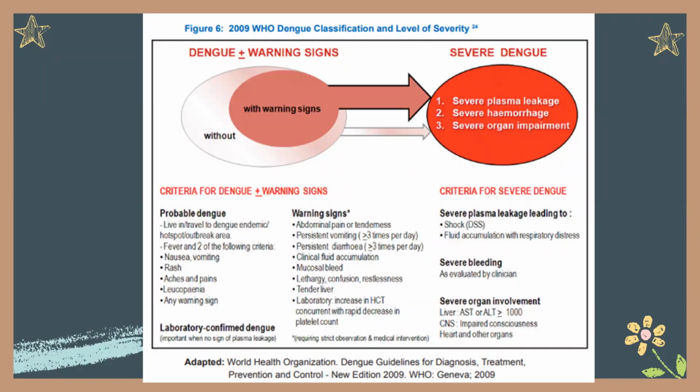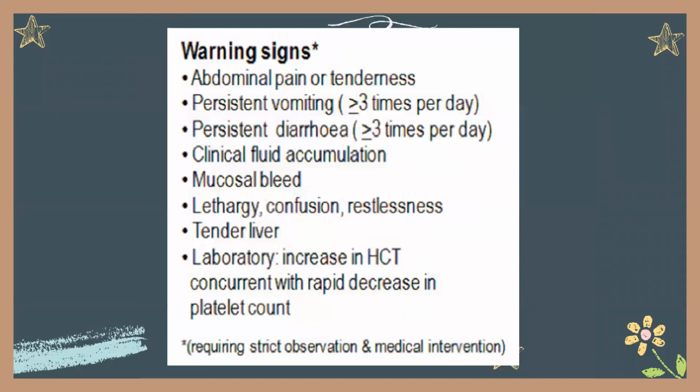So the criteria for severe dengue: severe plasma leakage leading to shock, fluid accumulation with respiratory distress, or severe bleeding, and severe organ involvement, liver, CNS, or heart. So remember again.